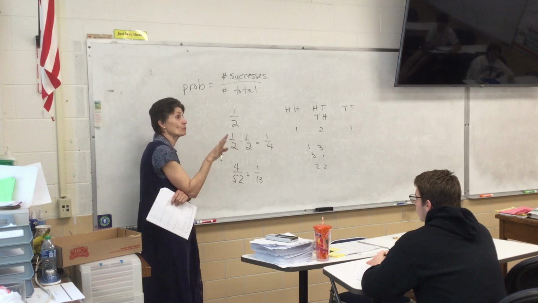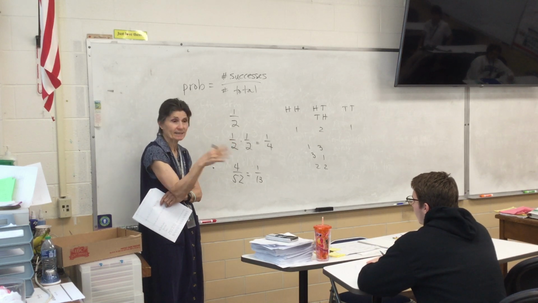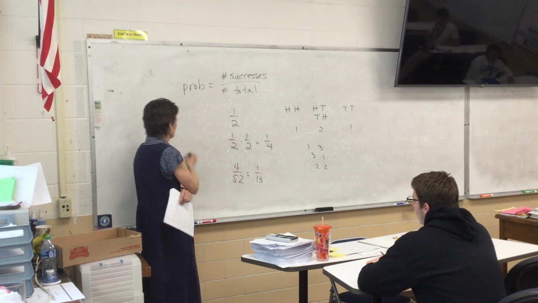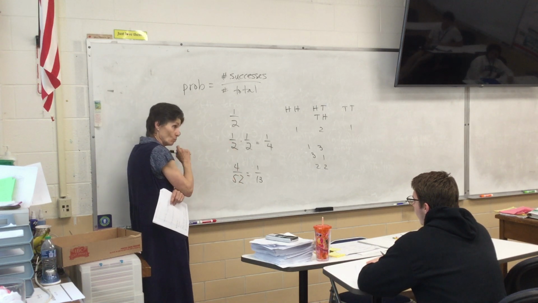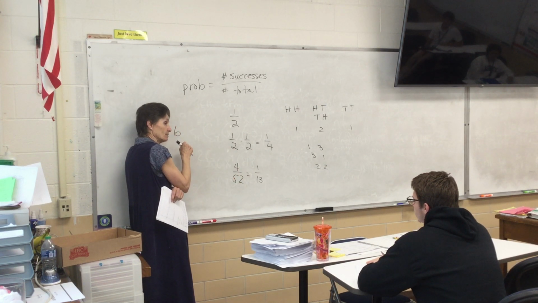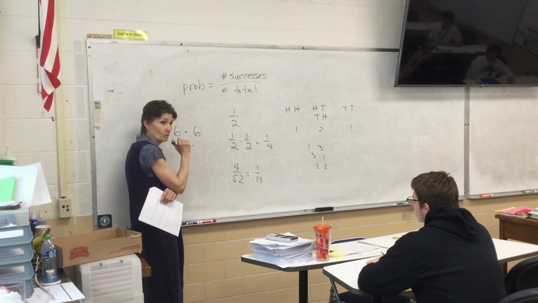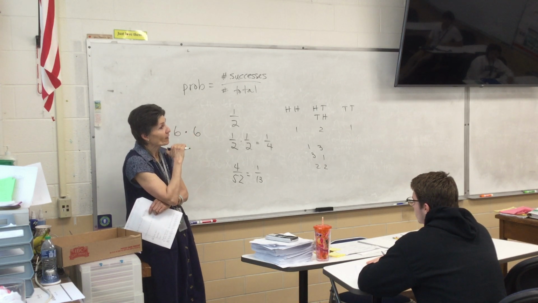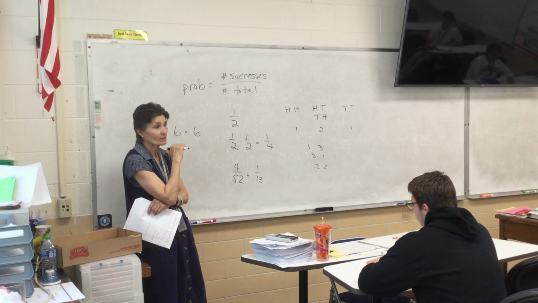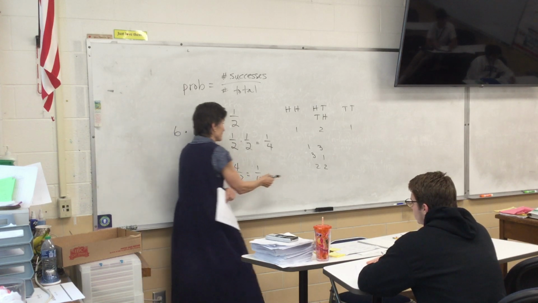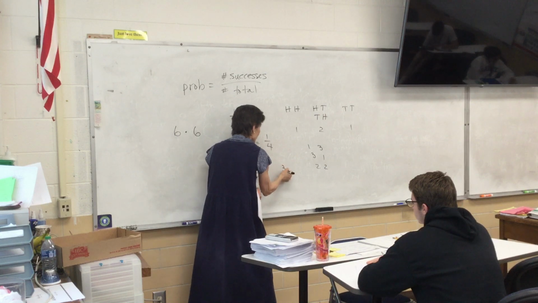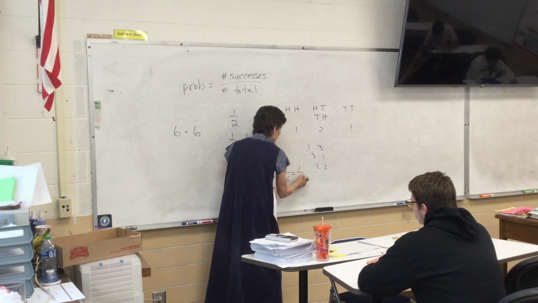When I roll that first die, how many ways can it land? 6. Now I'm going to roll the second one. How many ways can it land? So if I roll the first one and the second one, how many total ways can they land? 36. There are 36 total ways. So we have 3 over 36, or 1/12.